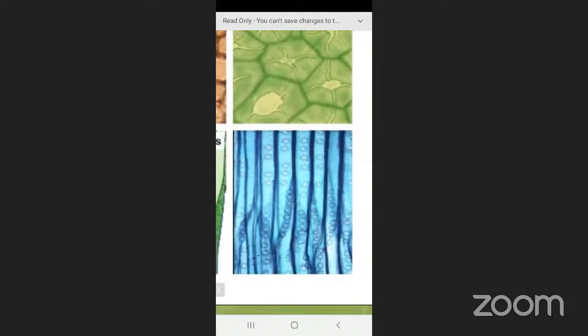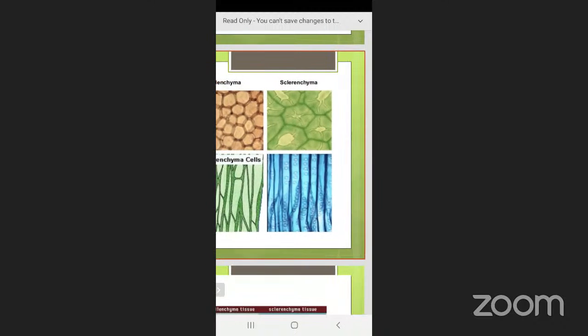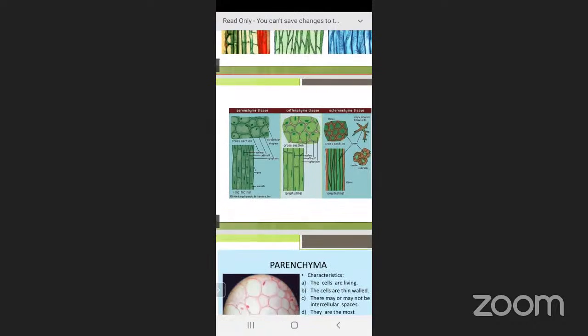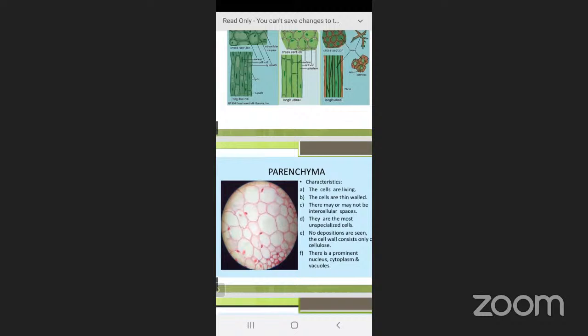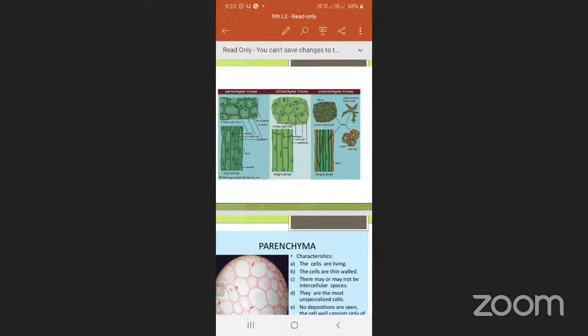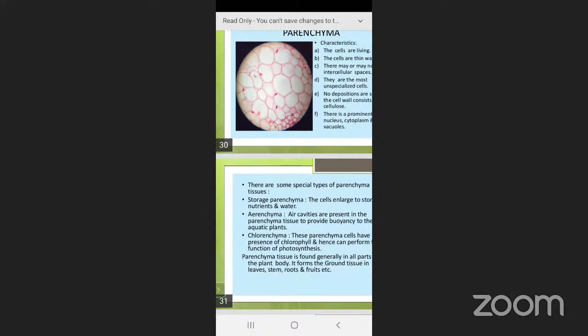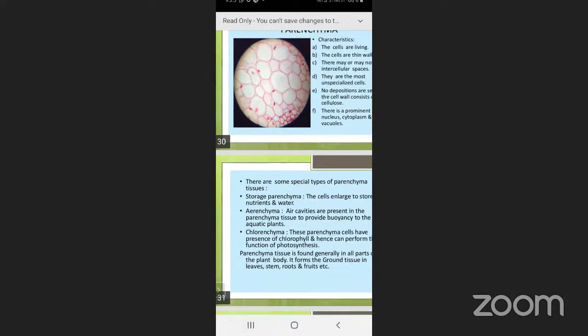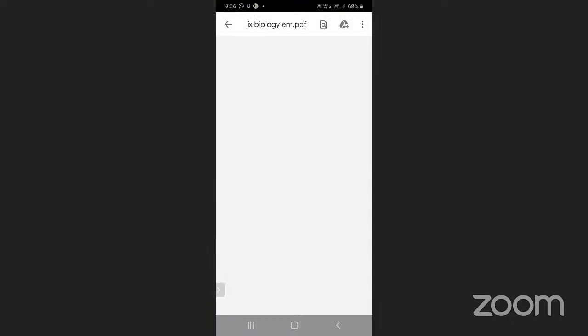Okay, children, let us observe the ground tissues of some other stems. I will show the diagrams of chlorenchyma, aerenchyma, storage tissue. Look at the screen, all of you.